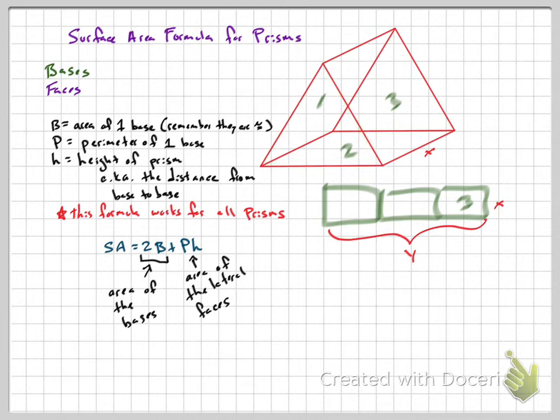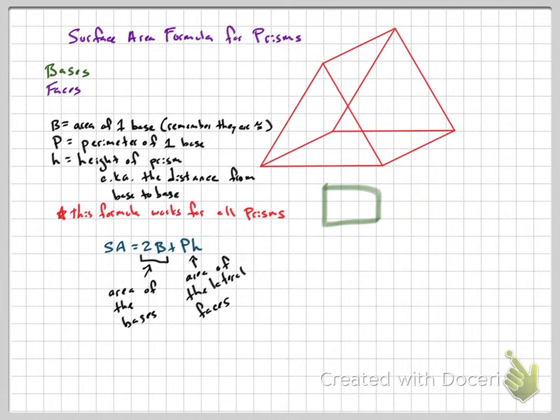If I label these as A, B, and C, this would be side A, this would be side B, this would be side C. If I folded them up, it would have that tepee kind of look to it. That's why the second part of our formula is P times H: it's the perimeter of our base times the height, because when I unfold all of that, it's just one big rectangle.